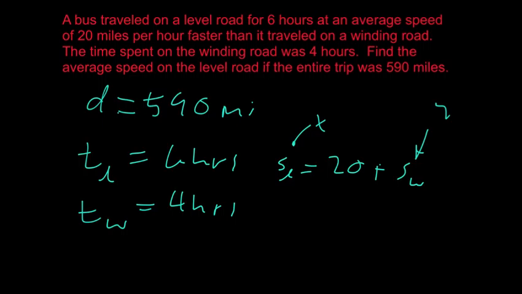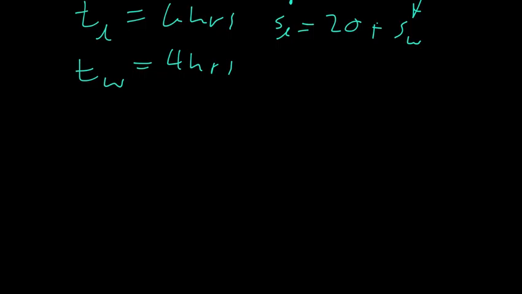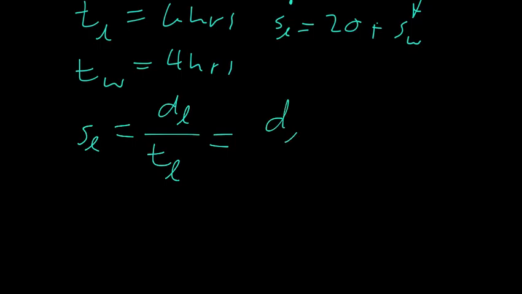In the last video, we talked about how to solve this problem symbolically without any numbers, and this time it's going to be a lot easier. So our next step is to rewrite our speed equation. S sub L is equal to the distance traveled on the level road, d sub L, divided by the time spent on the level road, which simplifies to d sub L over 6 hours.